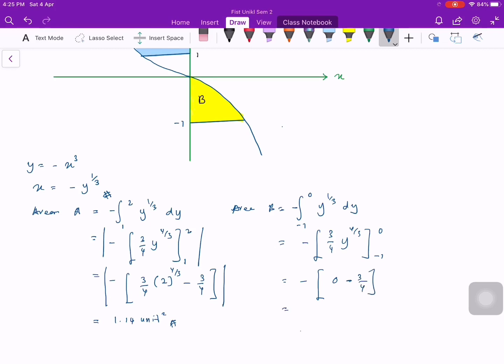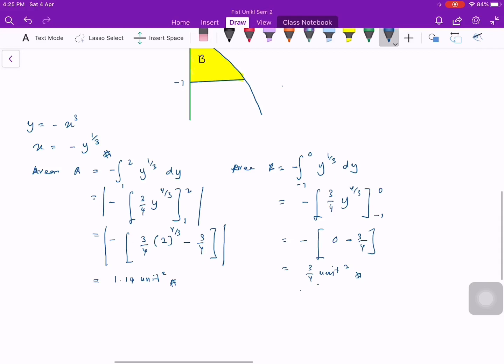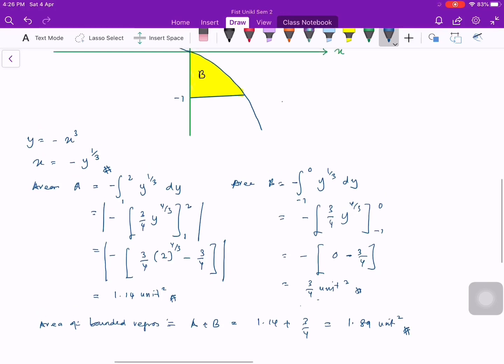So therefore here saya akan dapat positive of 3/4. Okay, unit squared. Okay, and then area of the bounded region, so A plus B. Okay, sorry, so A plus B. So therefore saya akan dapat nilai 1.14 plus with 3/4, which is equals to 1.89 unit squared. Okay, so this will be a final answer, right?